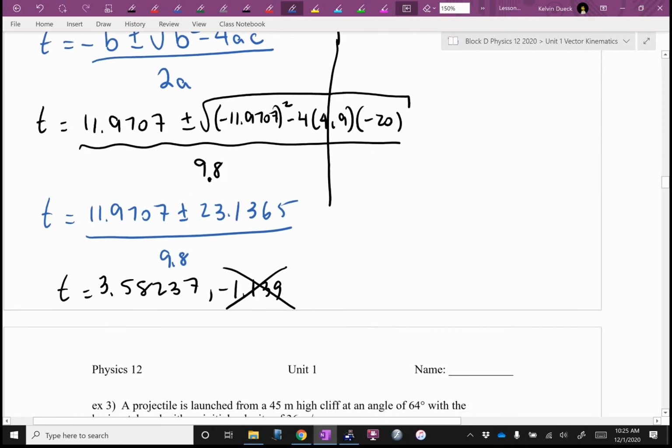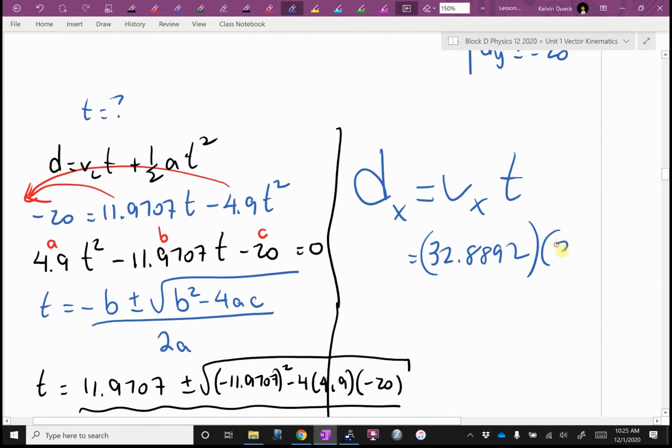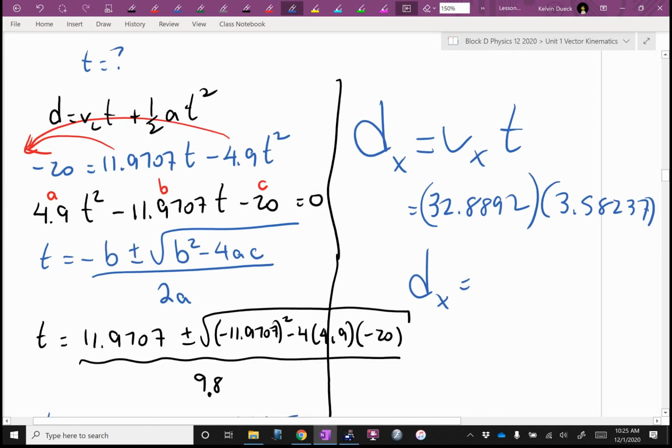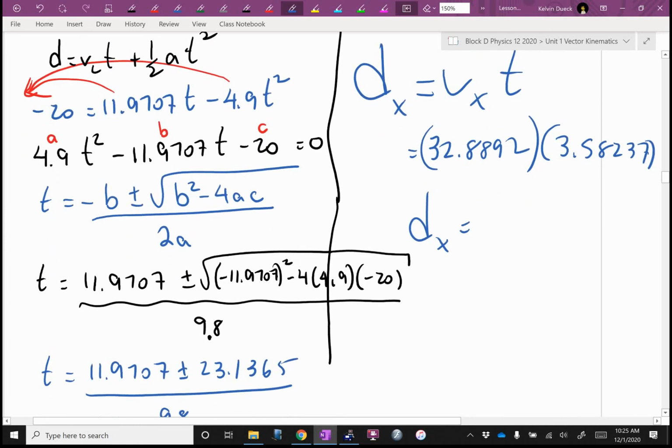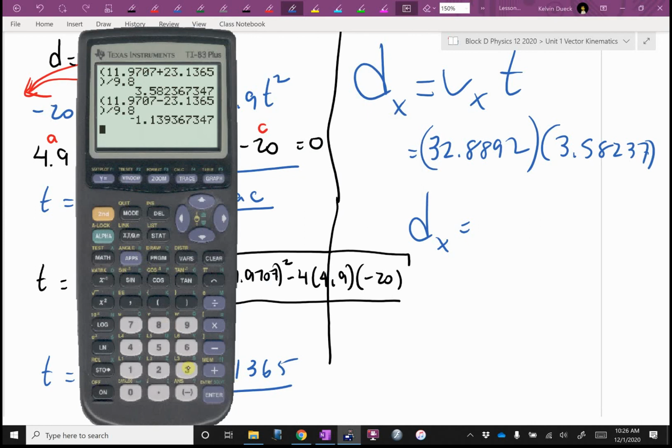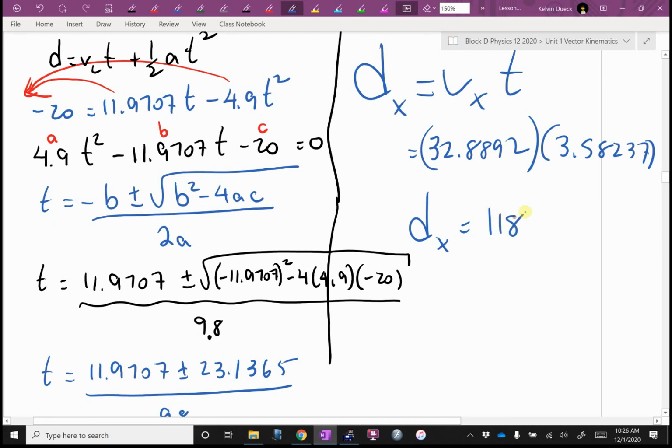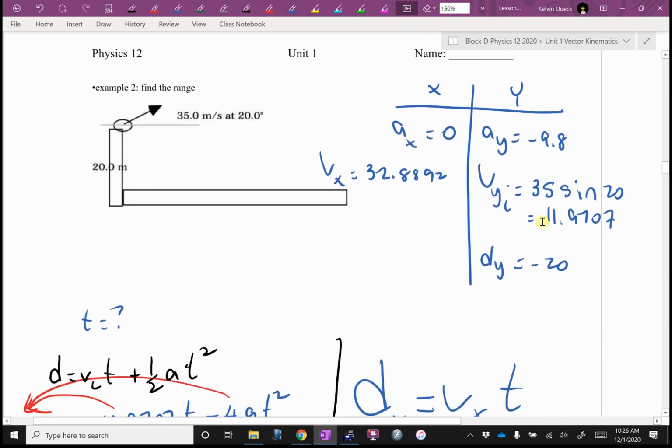And time was 3.58237. $118. And again, what's that telling me? It's telling me it hit the ground 118 meters from the base of the cliff. That's the range.